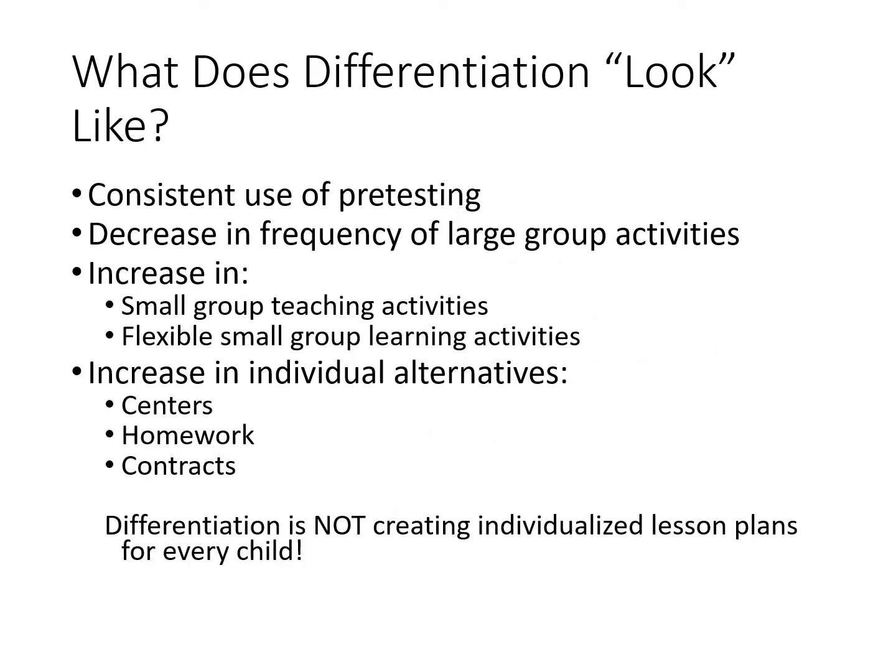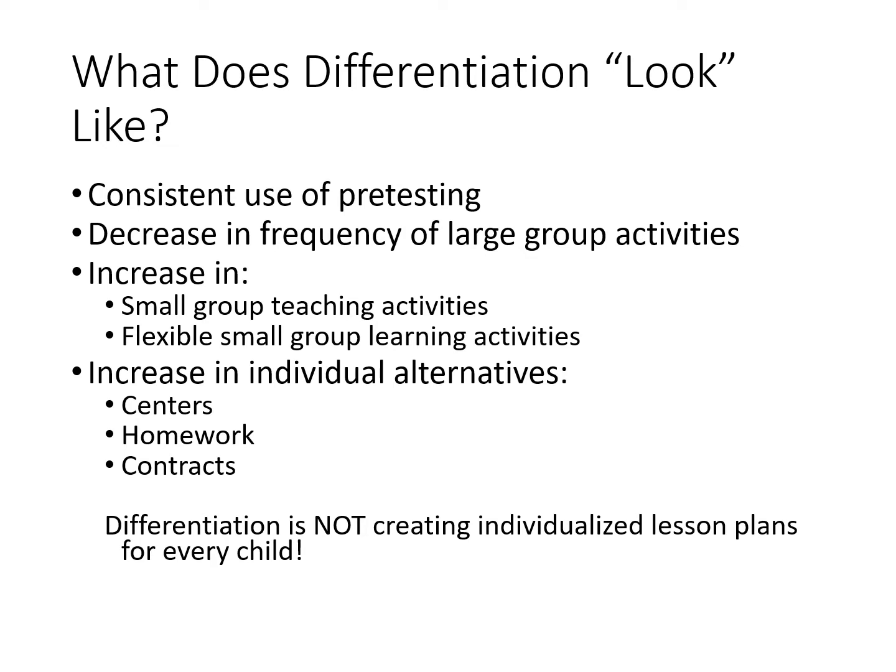So that being said, let's talk a little bit about differentiation. What does it look like in the classroom? Well, it looks like that you're consistently using pretesting, because in order to differentiate for students, you have to know where they're at in terms of their ability levels, in terms of what they know, in terms of their interest and learning styles. Now, I can teach a whole course, and whole courses are taught on differentiation.